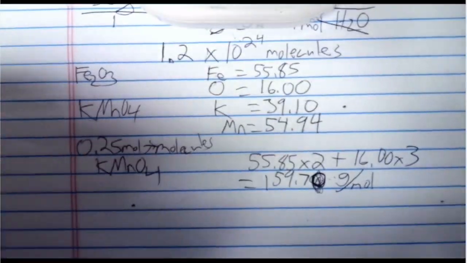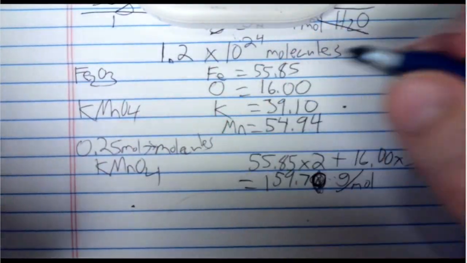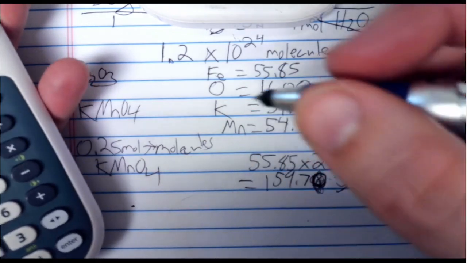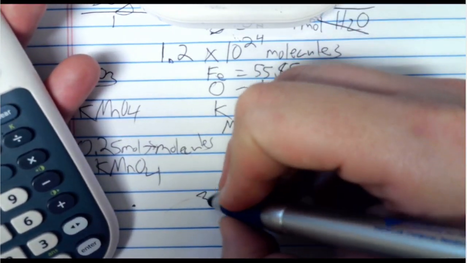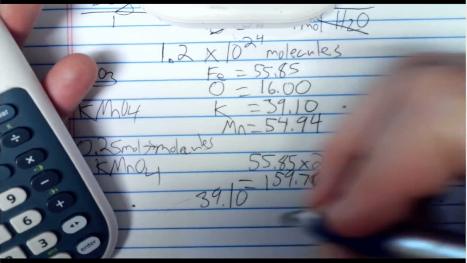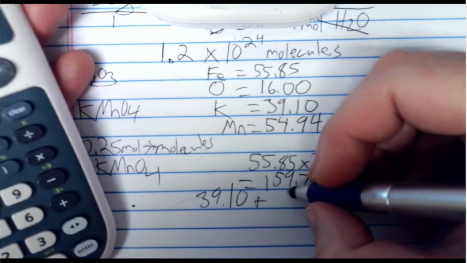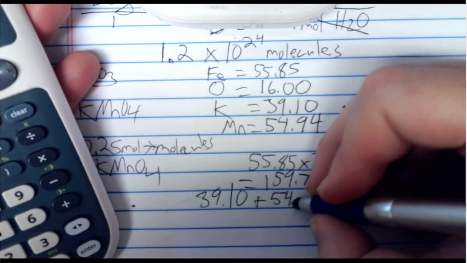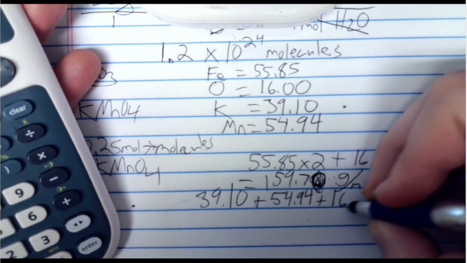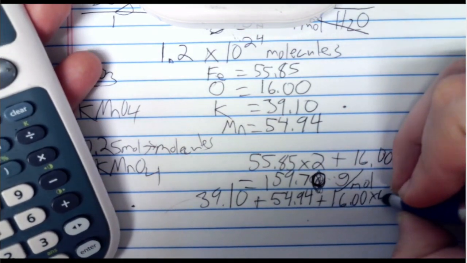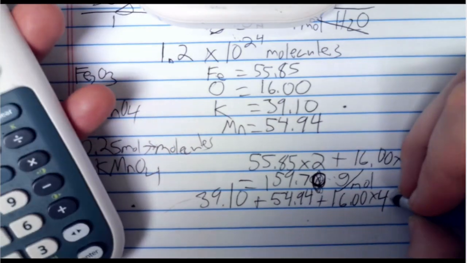Let's do the same thing with our potassium permanganate. For a molecule, one molecule means we're going to mean AMU, but it's still the same process. We have 39.10. There's one of those. 54.94. There's one of those. And 16.00. There are 4 oxygens.